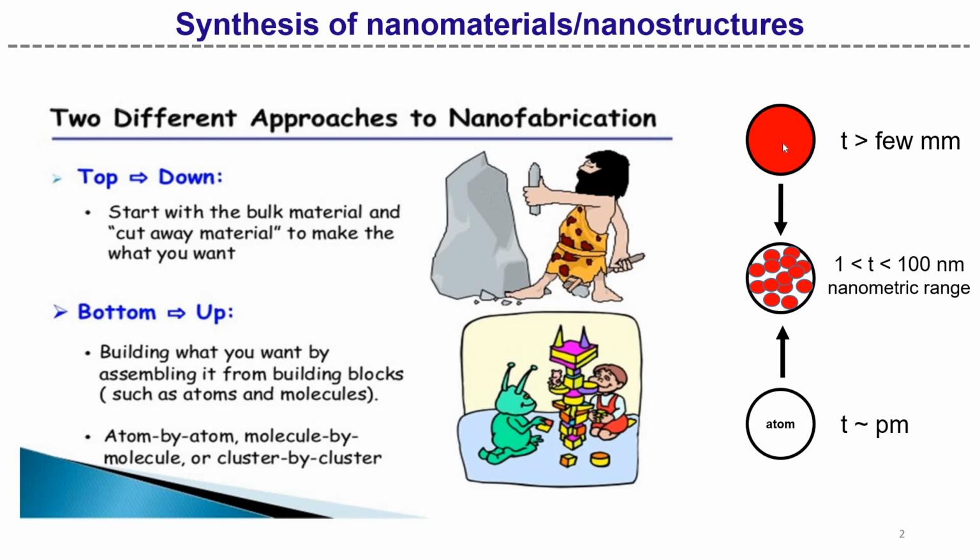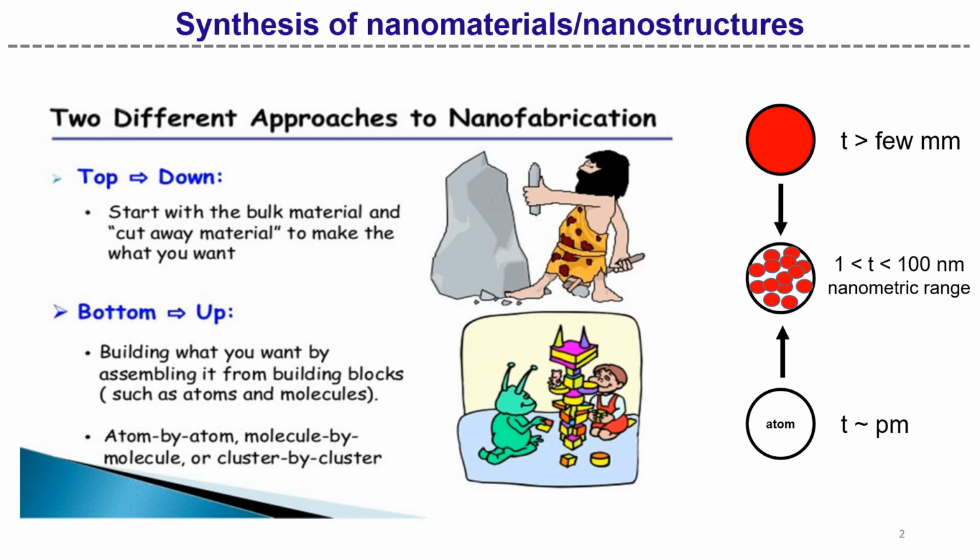Initially, the dimension of the material is a few mm, and that is called the bulky material. Now, by some methods, we can convert this bulky material into a material whose dimension falls into 1 to 100 nanometers, or in the nanometric range. That approach is called the top-down approach.